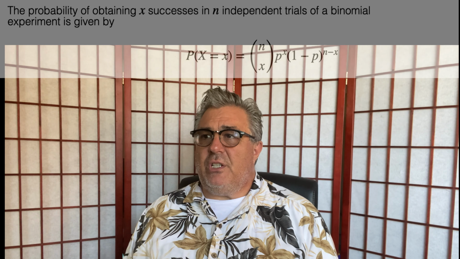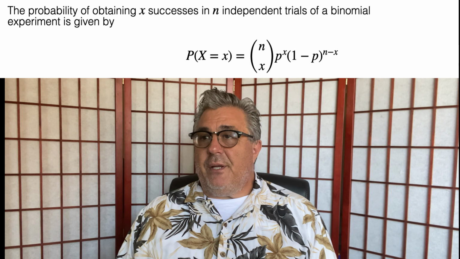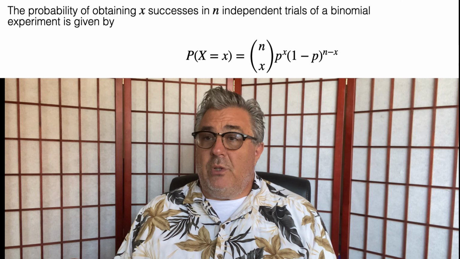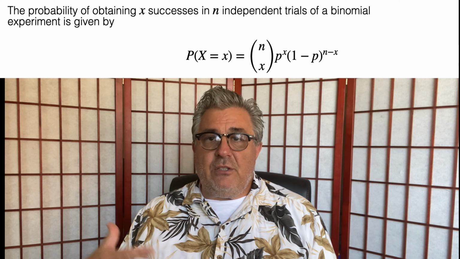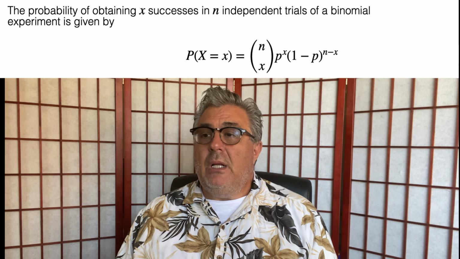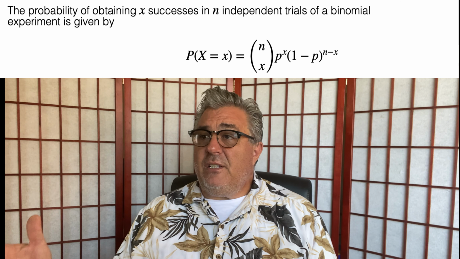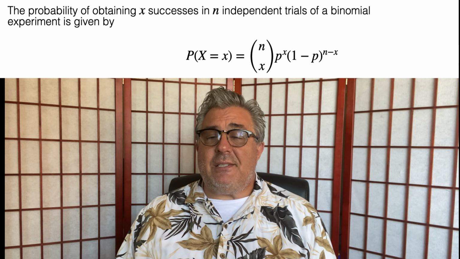The binomial probability density function is this crazy looking thing. The probability that the random variable big X is equal to little x, which you can think of as a number, is n choose x, p to the x, times 1 minus p to the n minus x.